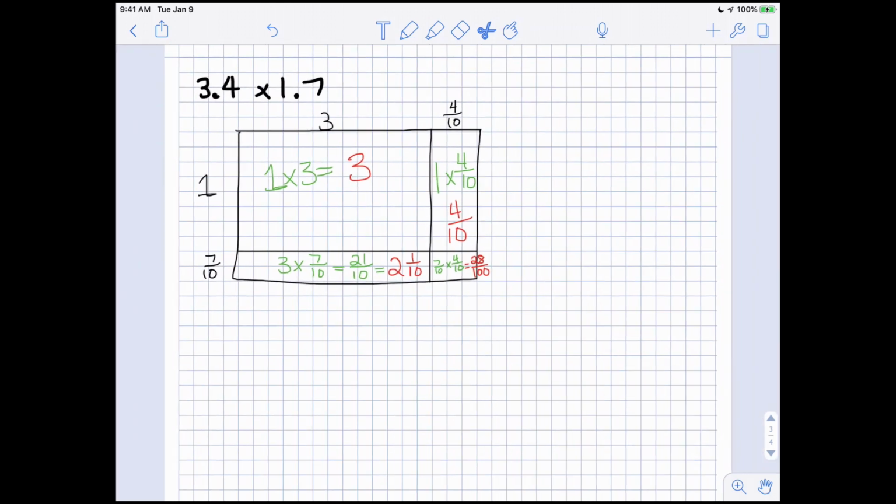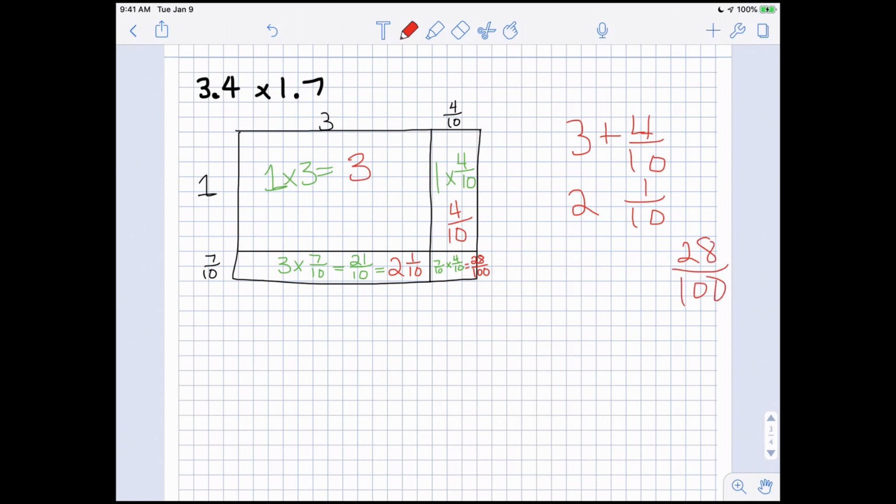So our job is to add all of those up. So you've got 3 plus 4/10 plus 2 and 1/10 plus 28 hundredths.